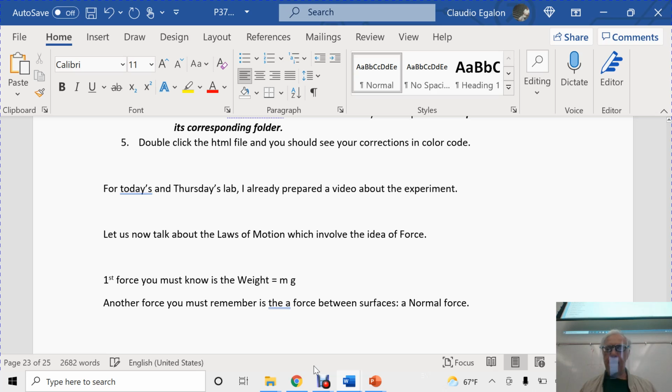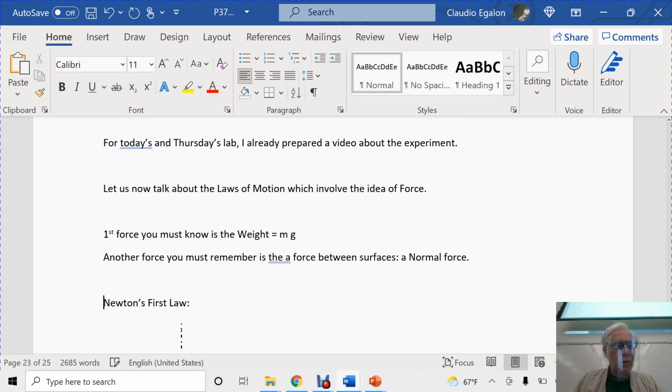And then we can formulate the first half of Newton's first law of motion. Then we're going to go to the second half.